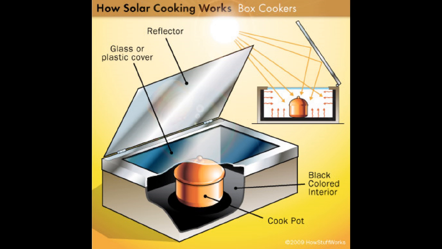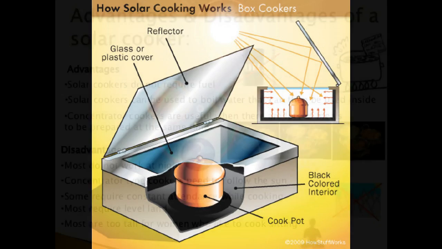If you look carefully, the reflector is kept at an angle of 45 degrees so that maximum absorption of solar energy takes place. This solar energy gets concentrated on the cook pot. In turn it will heat up the whole black interior part that you can see, children. And after 2 to 3 hours, your food gets cooked and you can enjoy it without consuming LPG and other sources of energy, children.